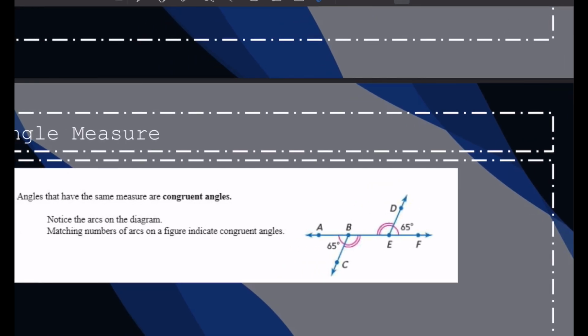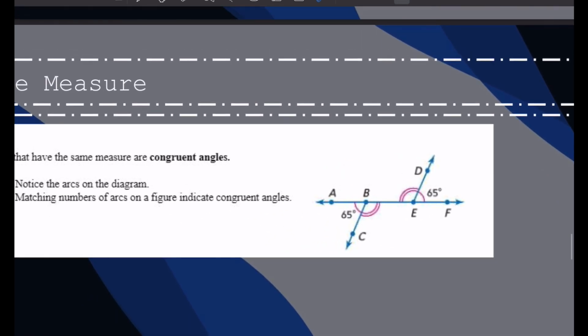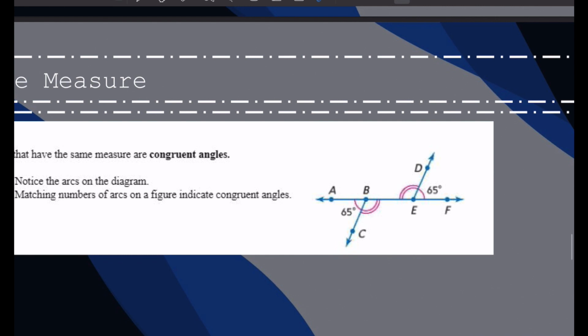So let's take a look at this figure over here. I can see that the measure of angle ABC is 65, and the measure of angle DEF is 65. They use one arc here to indicate that those are congruent.